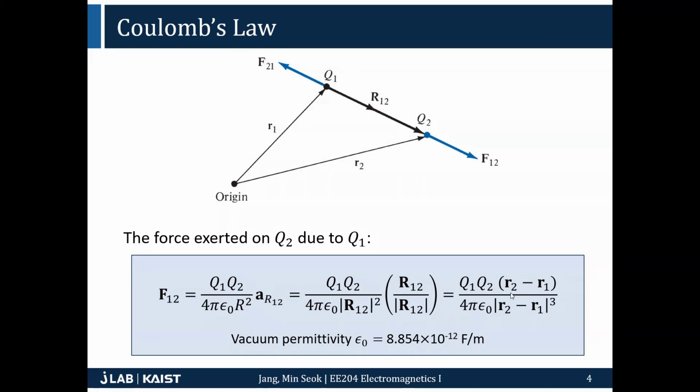Then it's written like this. Everyone knows this, right? There can be the case that you don't know this full vectorial form, but at least you know that F equals Q1 Q2 divided by 4 pi epsilon 0 R squared. That's what we learn in high school physics.